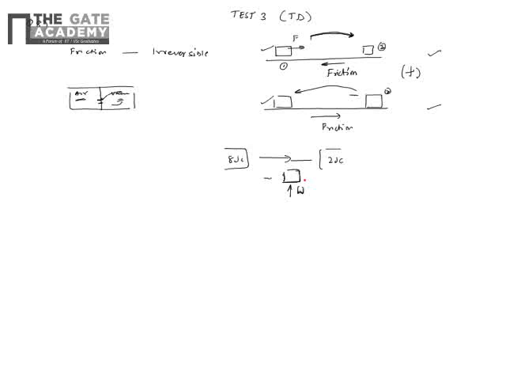So the system can be brought back, but the surroundings cannot be brought back if you reverse the process. So all these three, A, B and C, that is friction, unrestrained expansion, and heat transfer across a finite temperature difference, are examples which cause the process to be irreversible.